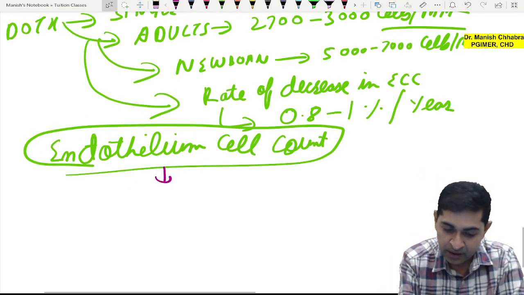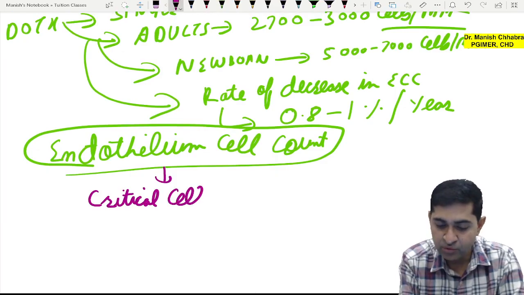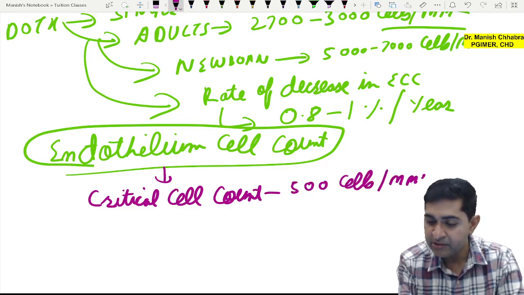Please write with me. So critical cell count or critical density, how much is it? 500 cells per millimeter square.